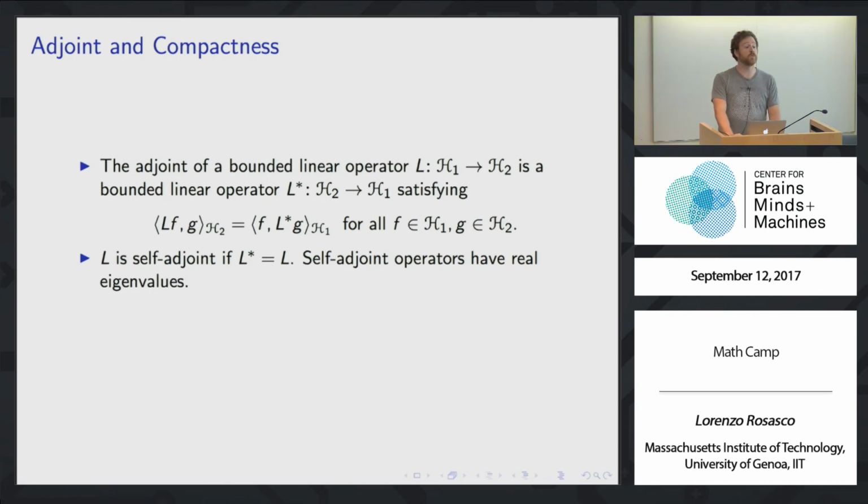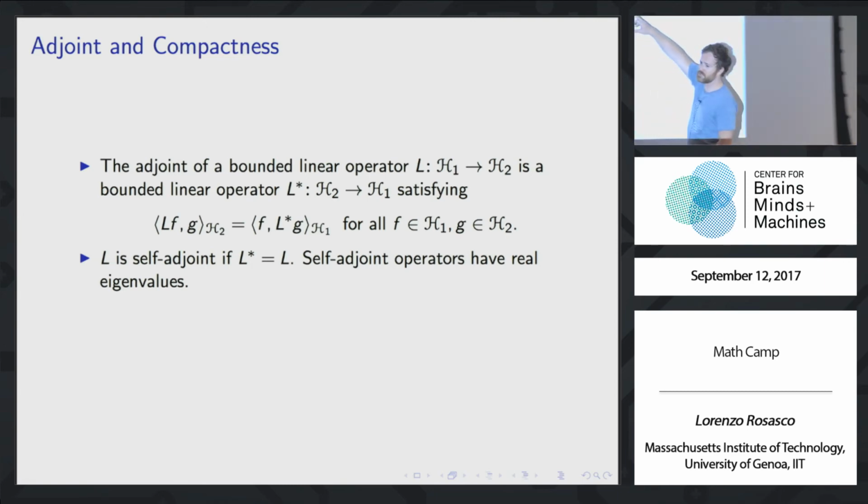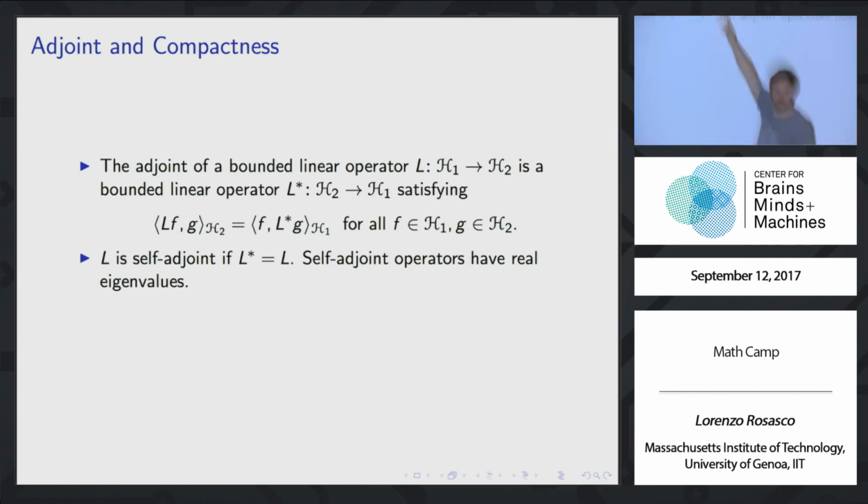The word that you use when you talk about operators is not symmetric, but sometimes you actually use the word self-adjoint. Sorry, the transpose of an operator is called the adjoint, and the symmetry property is referred to as the property of being self-adjoint. So again, these are a couple of names.